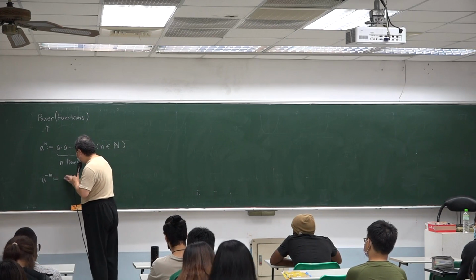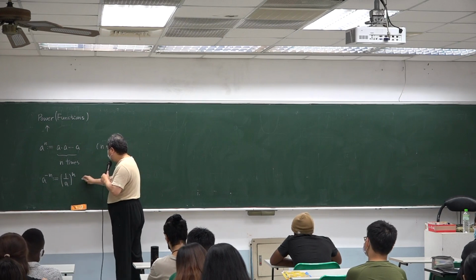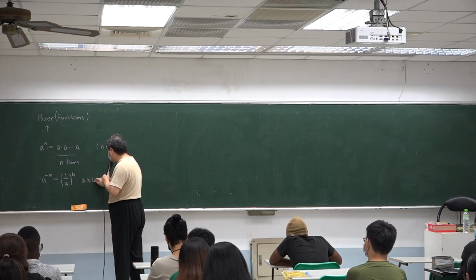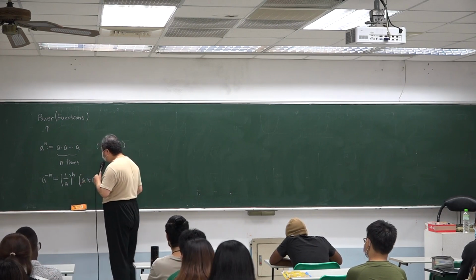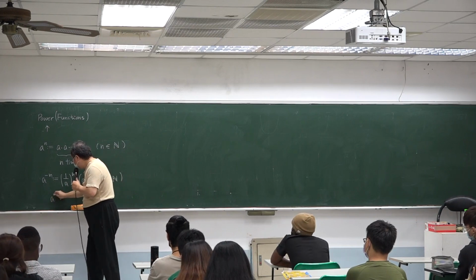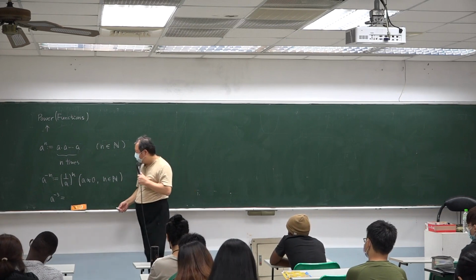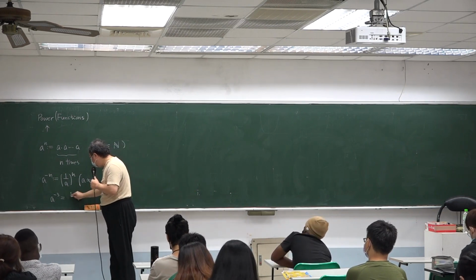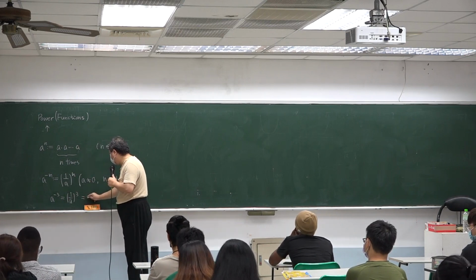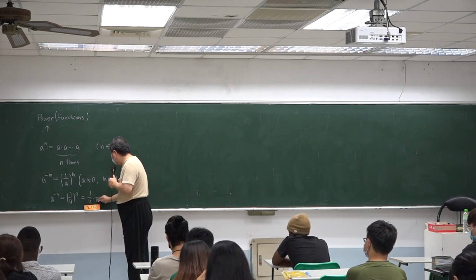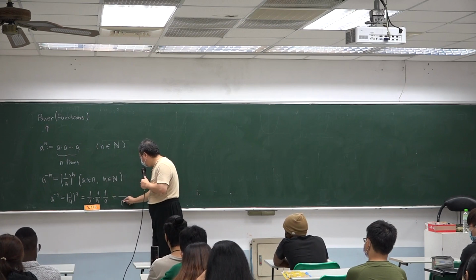This one is defined to be 1 over a raised to the nth power. Of course here, a is not 0. For example, a raised to the minus third power is 1 over a to the third. Of course we can write this as this one.